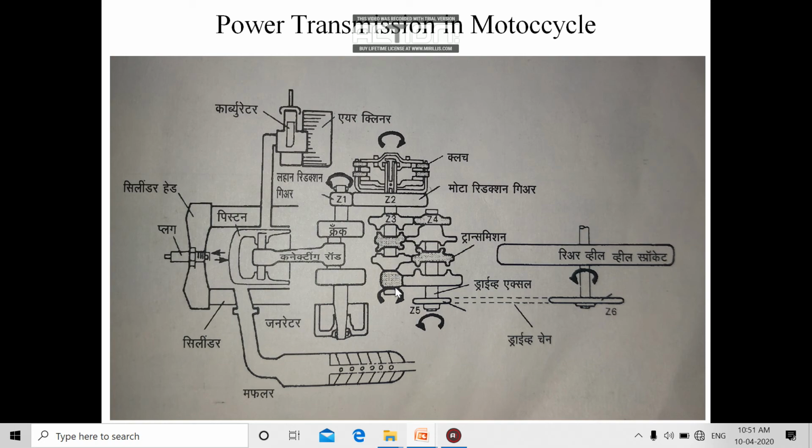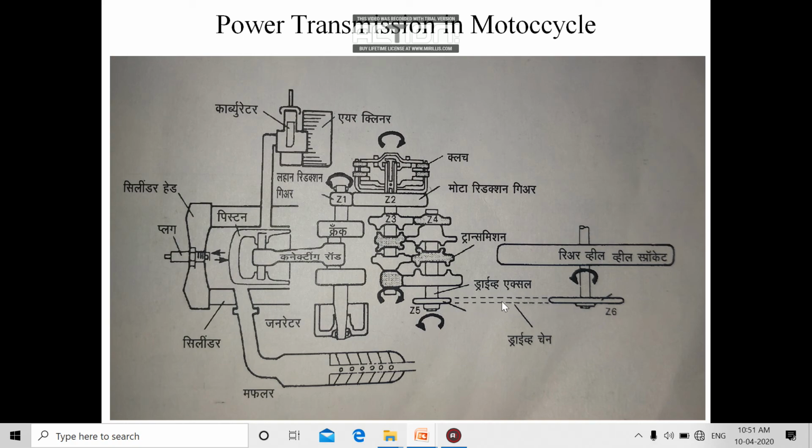This is the main shaft which is entering the gearbox. Some gears of the main shaft are supposed to communicate with the gears present on the drive shaft. This drive shaft is also called a drive axle. This main shaft is also called a main axle. Afterwards, whatever power reaches or is conveyed to the drive shaft is passed to the rear axle via the drive chain.